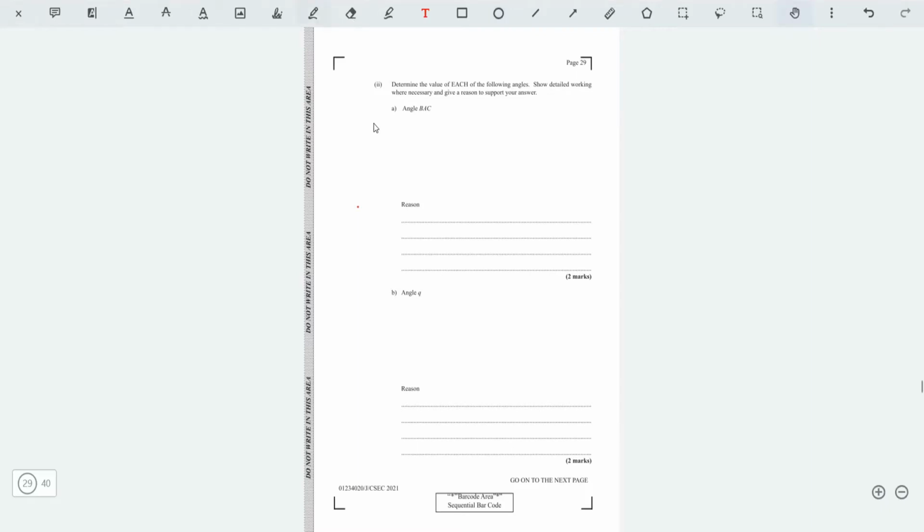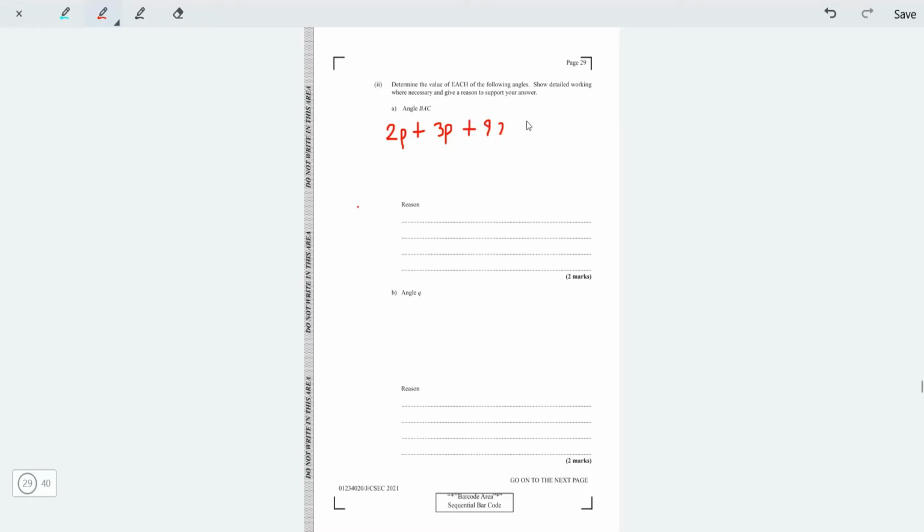So I can tell them 2P plus 3P plus 90 equal 180. From that, 2P plus 3P are 5P. If I bring over the 90, I get 5P equal 180 minus 90, which is 90.